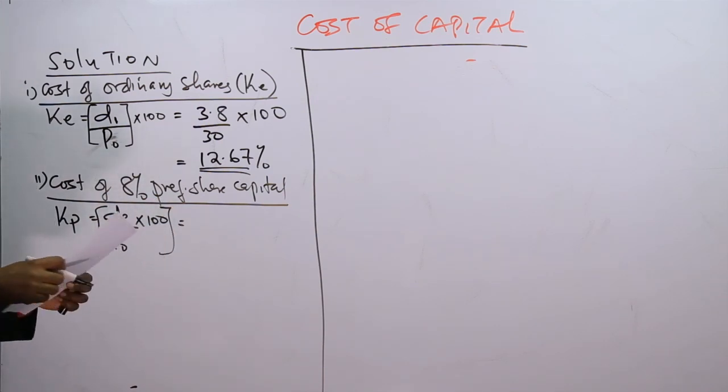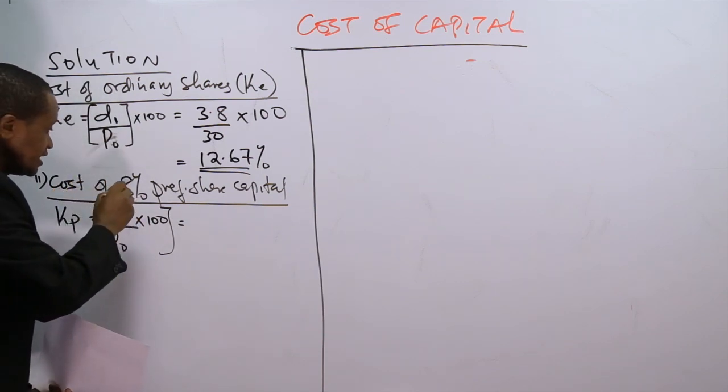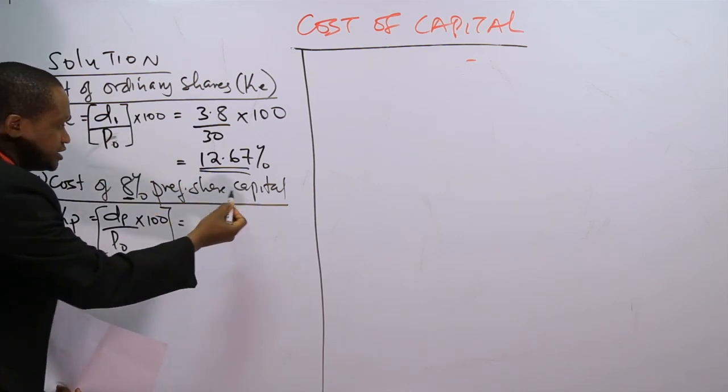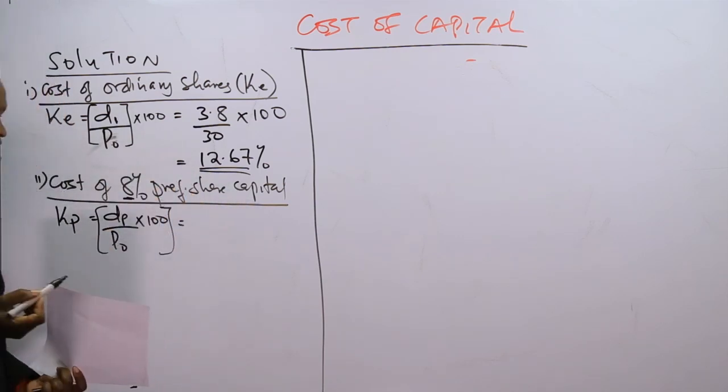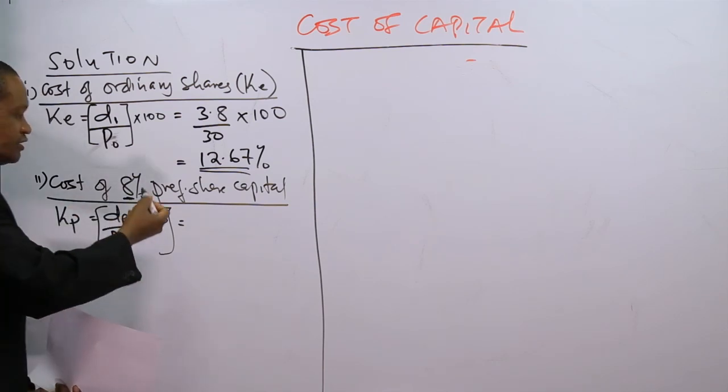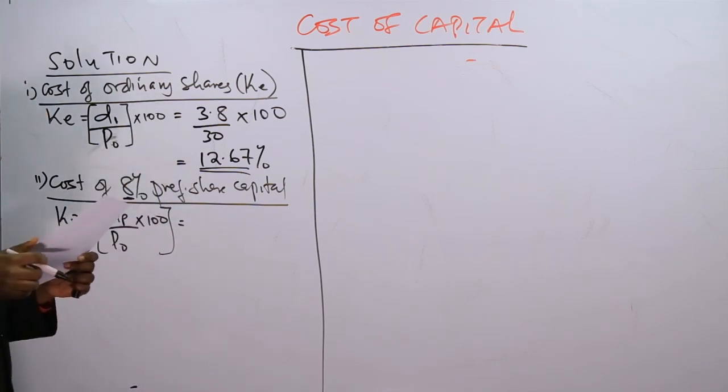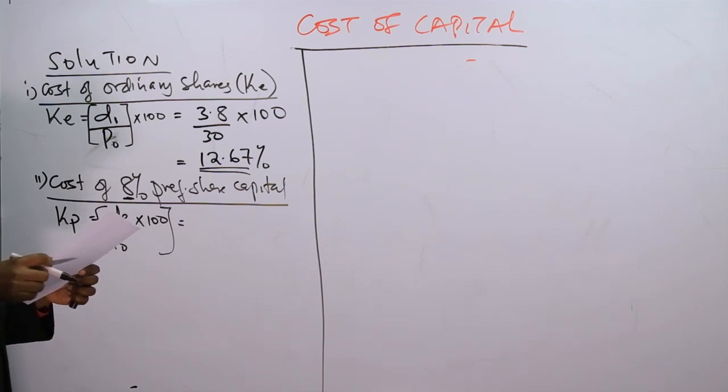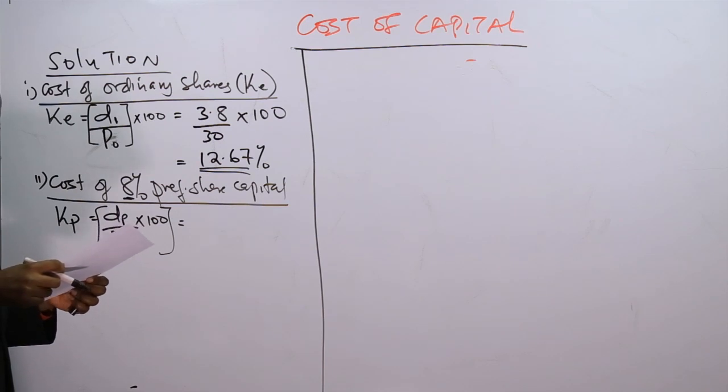So what is the dividend for the 8% preferred stock? The dividend is 8%. This is the return that these preference shareholders are expected to earn, 8% on every stock. And you can see that from the first table, 8% preference share capital, par value 24 shillings.